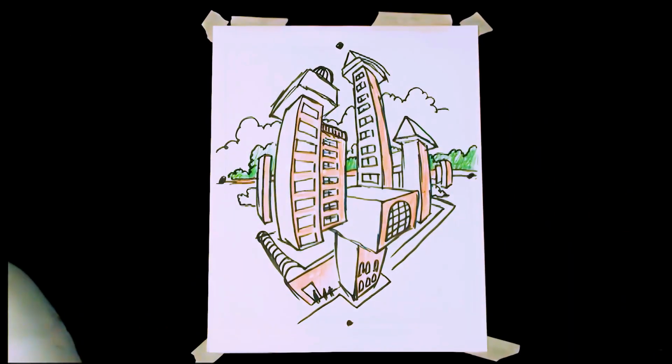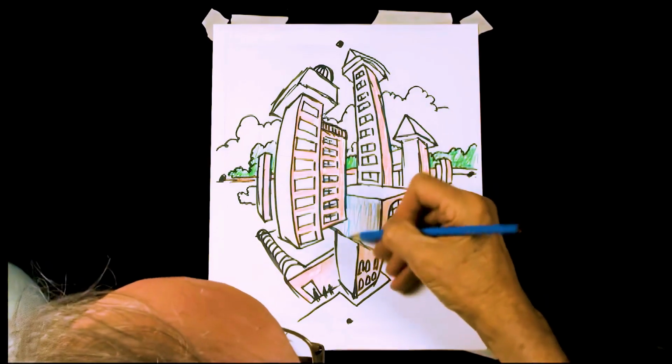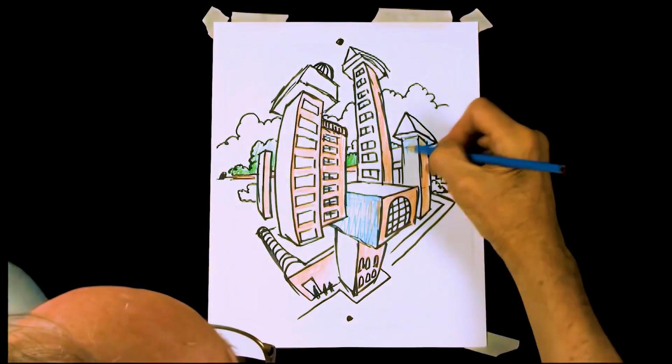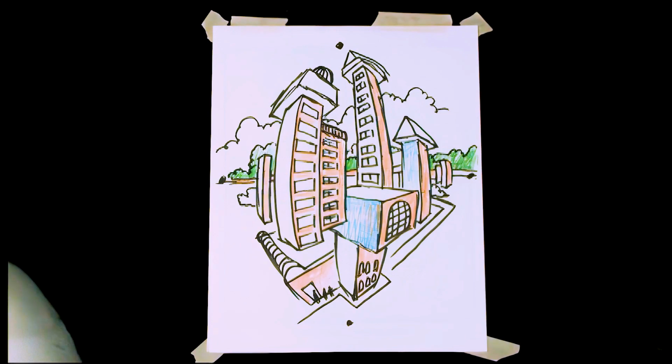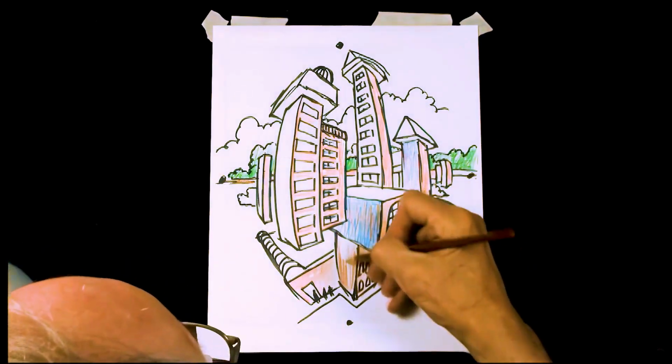You start from north to east to south to west and back to north. So you'll see that is another way to think about 4-point perspective. Once again, I'm color coding the different planes to help you realize what is happening.